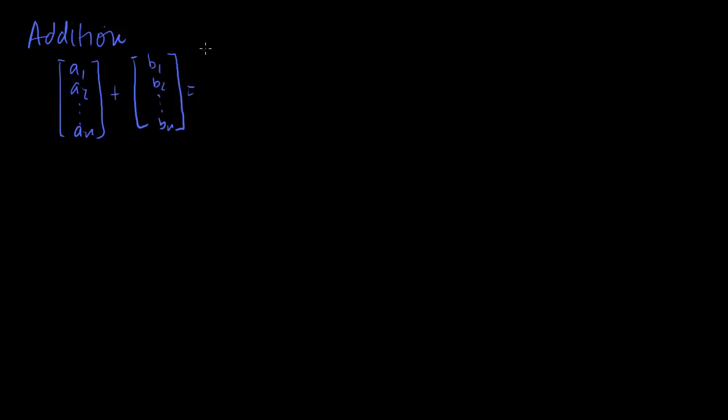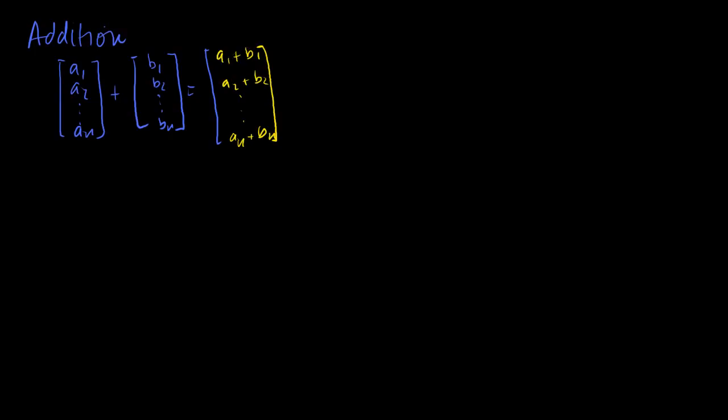You'll result with a third vector where each of its components are just the sum of the corresponding components of the two vectors you're adding. So it's going to be a1 plus b1, a2 plus b2, all the way down to an plus bn. We knew this, and we've done multiple videos where we use this definition of vector addition.